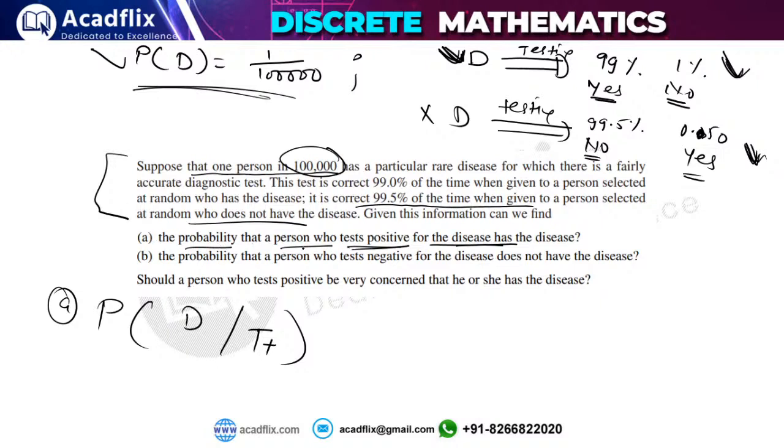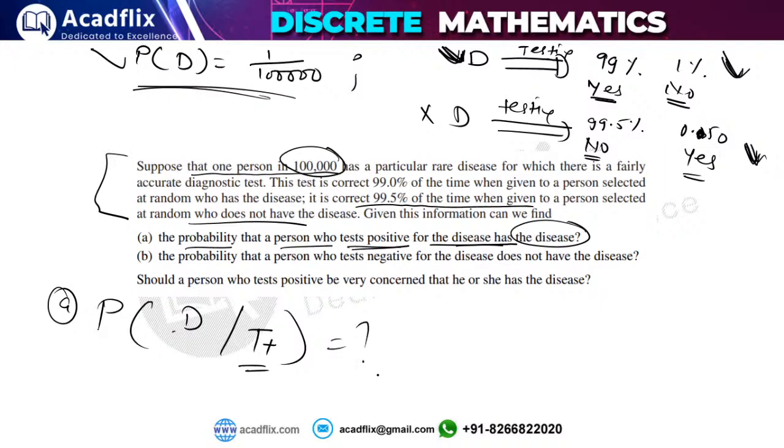The probability that a person who has tested positive, so you have already tested positive, this is the given thing. Now what is the probability that you have this disease? So the probability of D given T plus. This is what he is asking.